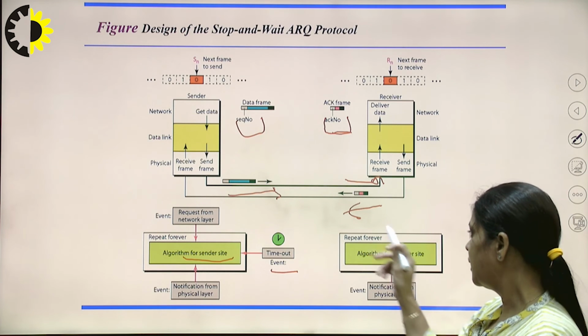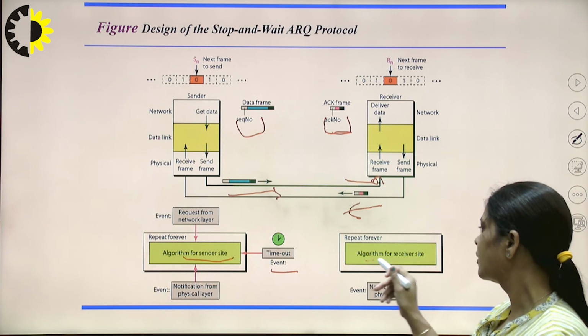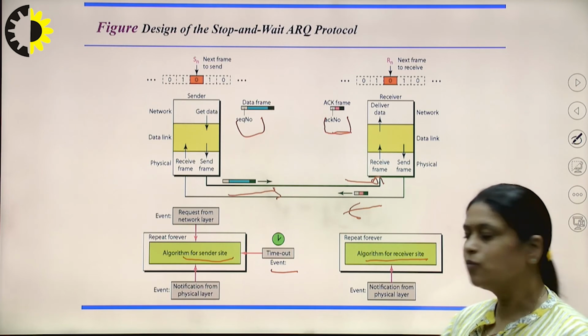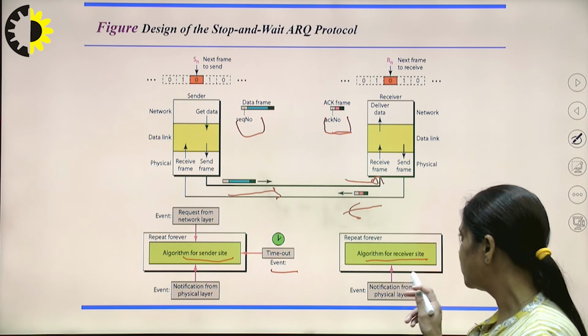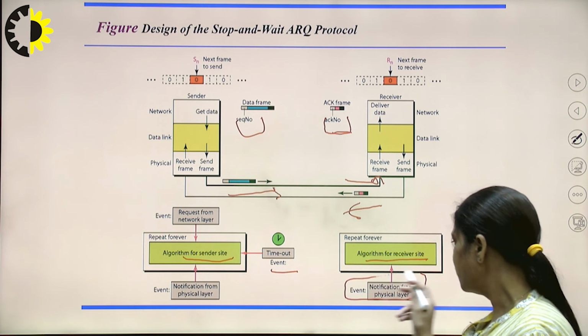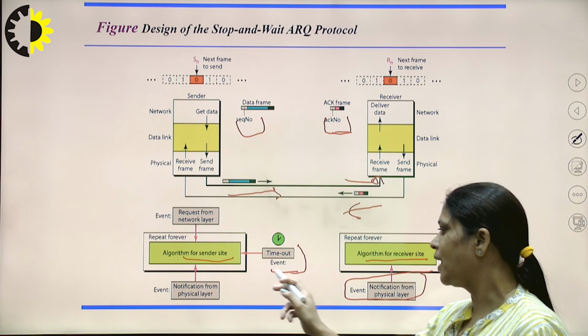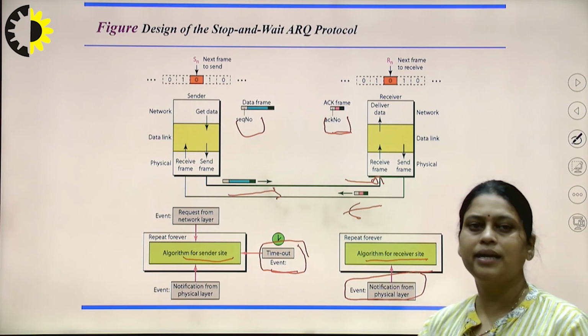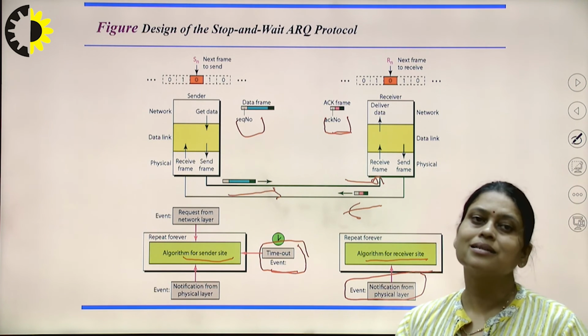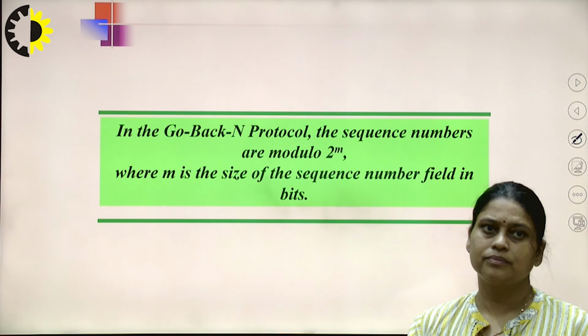This is the algorithm for the receiver side and the notification from the physical layer. Similarly here, if a timeout event occurs, it means our data was not received by the receiver.